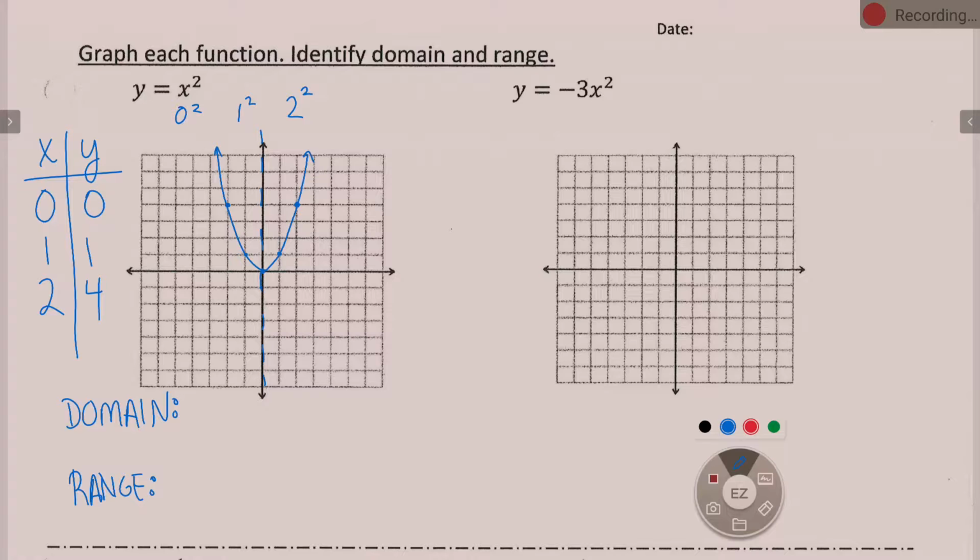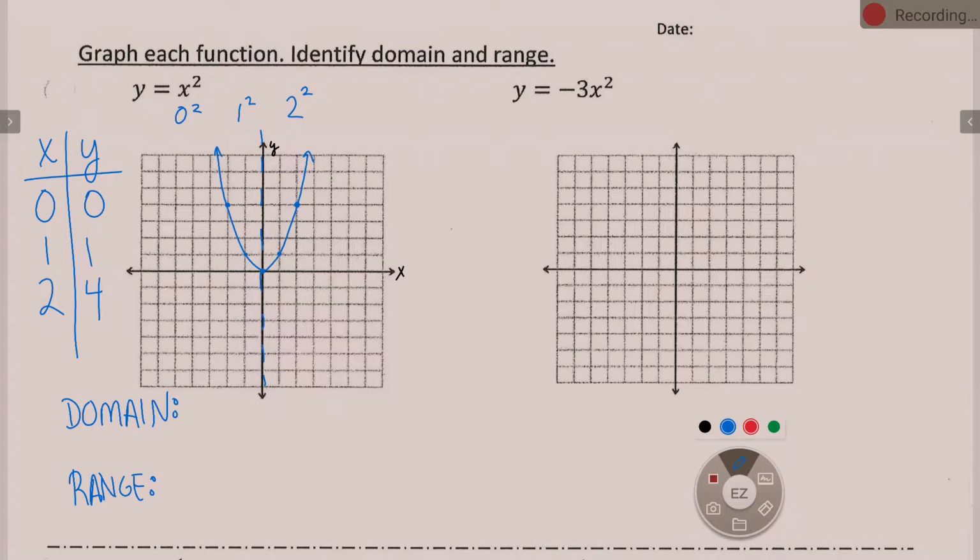Domain were which kind of values? X values. Keep in mind, which axis is my x-axis? The horizontal is my x-axis. So that means my x values are the values that run left and right.